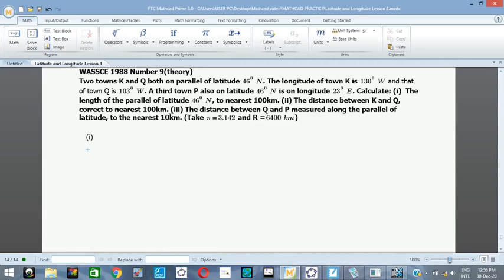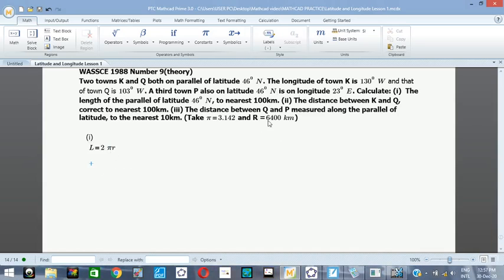So the length of parallel of latitude, let me represent it as L. So L is equals to 2 pi r. So this is the formula we are using. The main thing we need to know now is the radius.